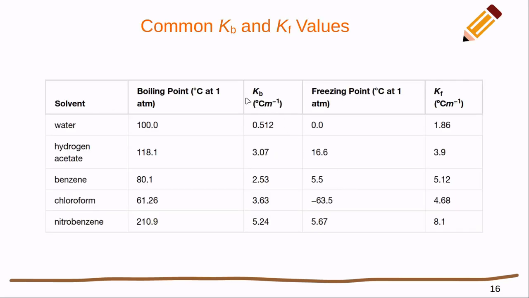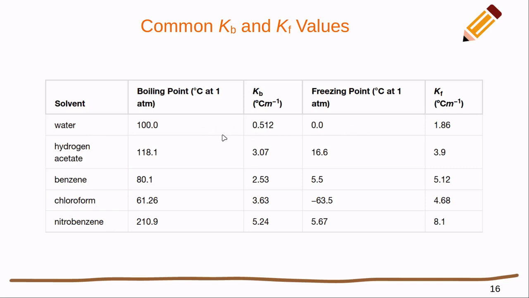Here are some Kb and Kf values for various different solvents. Again, the identity of our solutes does not matter for the colligative property. It only matters what our solvents are. Typically, these are going to be our boiling points and freezing points.